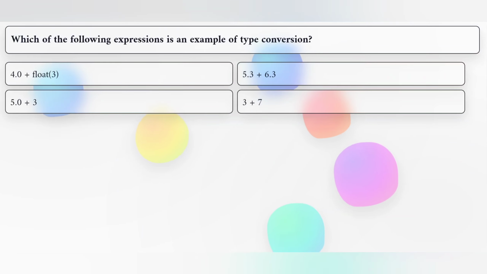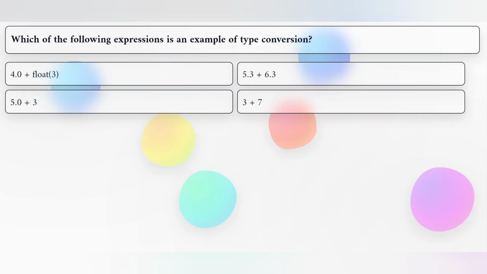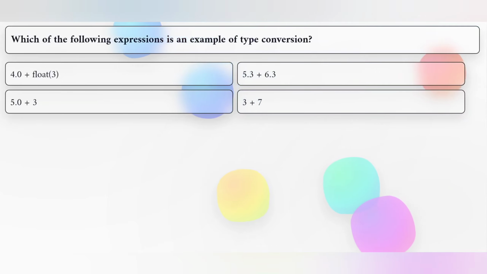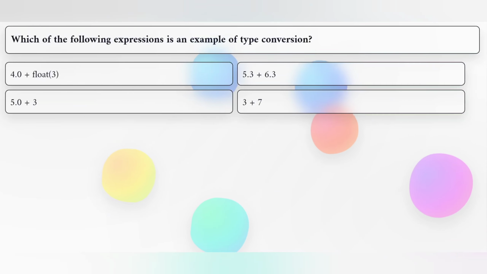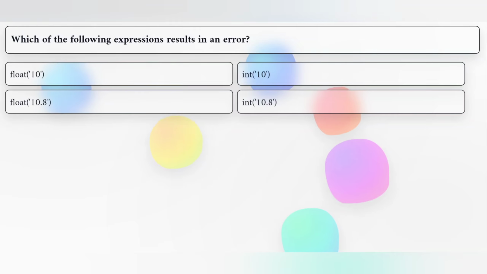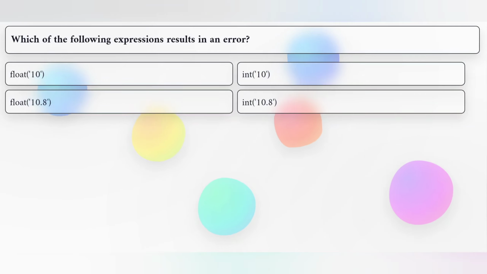Which of the following expressions is an example of type conversion? 4.0 plus float 3; 5.3 plus 6.3; 5.0 plus 3; 3 plus 7. Which of the following expressions results in an error?